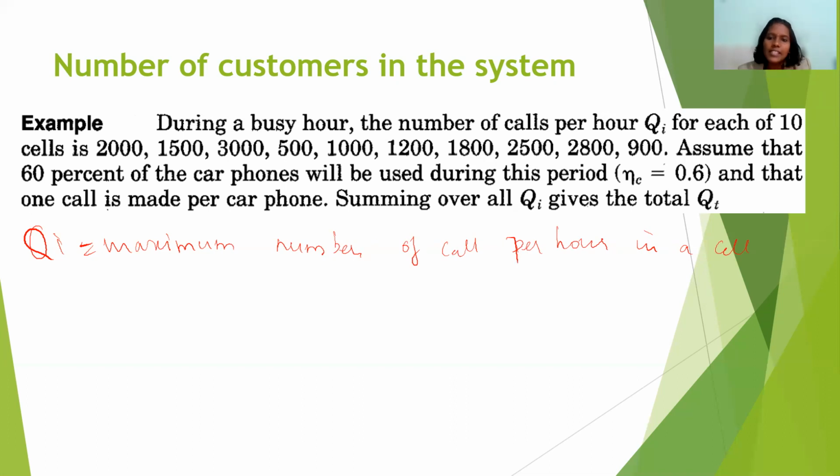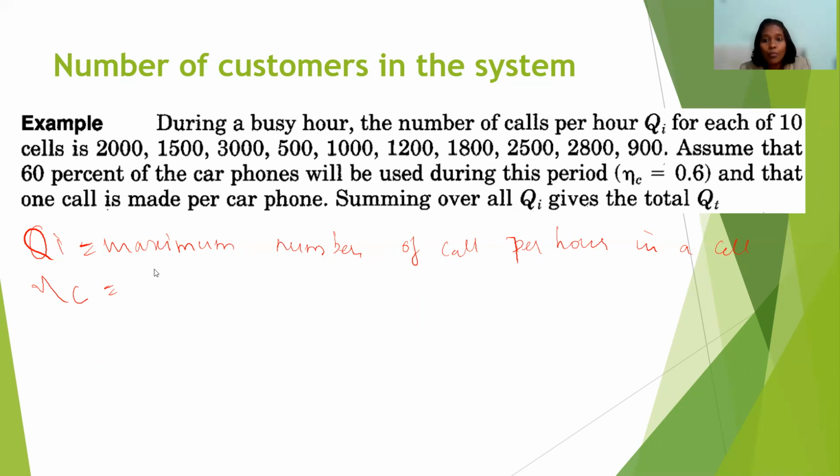Okay, assume that 60% of the car phones will be used during the busy hours. On average, one call per phone. So this eta C is the number of calls during the busy hour. So how much will be used in the busy hour?